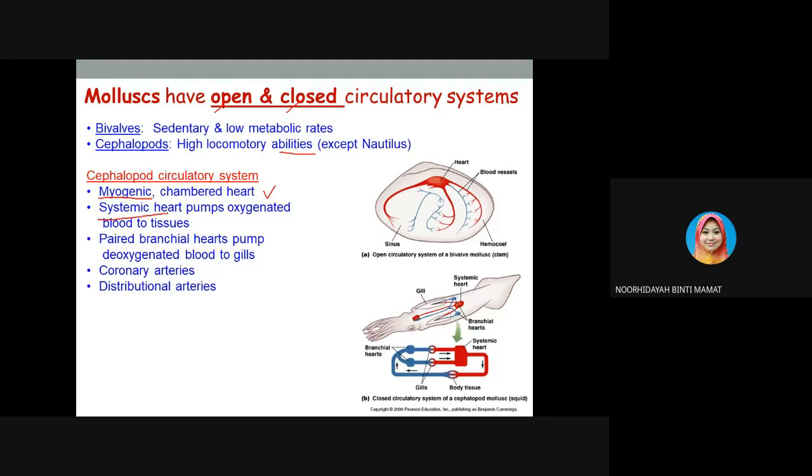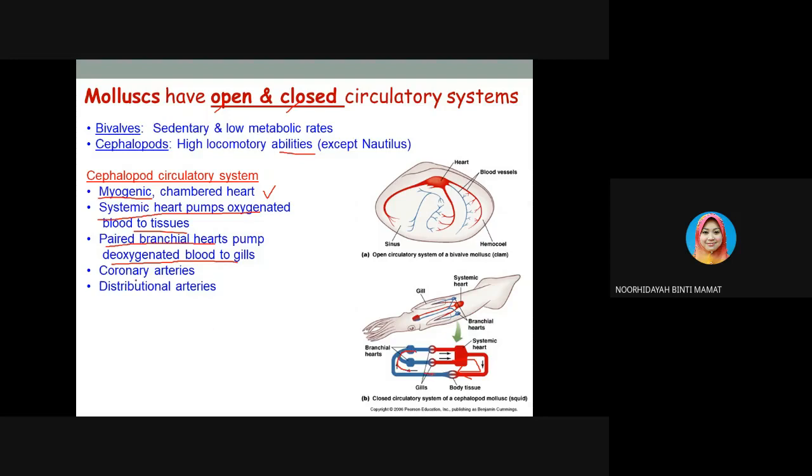The cephalopods have a systemic heart that pumps oxygenated blood to the tissues, and they also have branchial hearts that pump the deoxygenated blood to the gills. As you can see here, the systemic heart pumps the oxygenated blood to the tissue, and the branchial hearts pump the deoxygenated blood to the gills here.